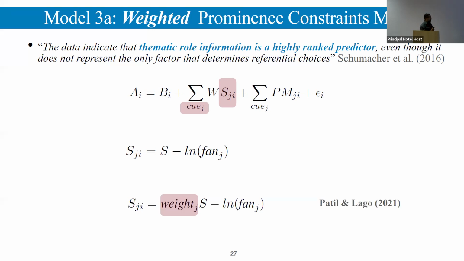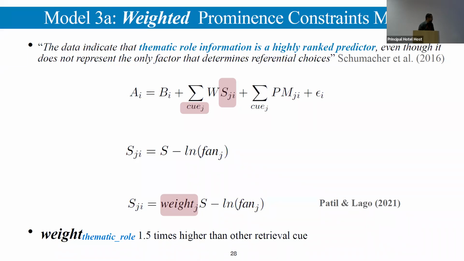So we made changes in the way the activation spreads from a retrieval cue to different references, and we added a weight parameter for each cue. The weight parameter specifies the amount of activation that will spread to the reference, and if a certain cue is more important, it spreads more activation.